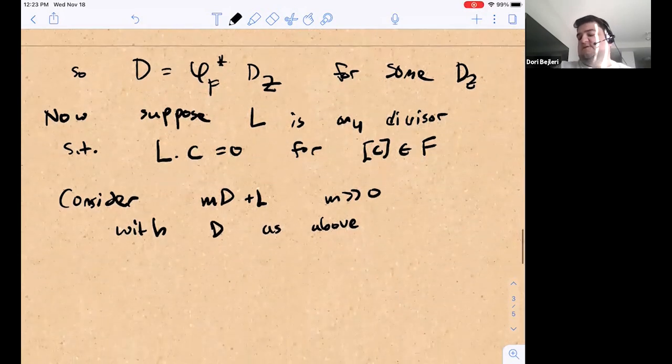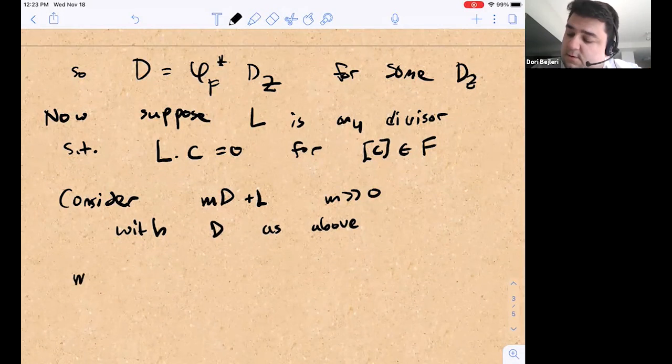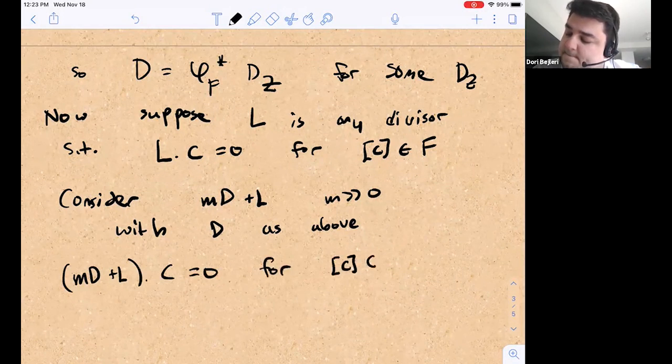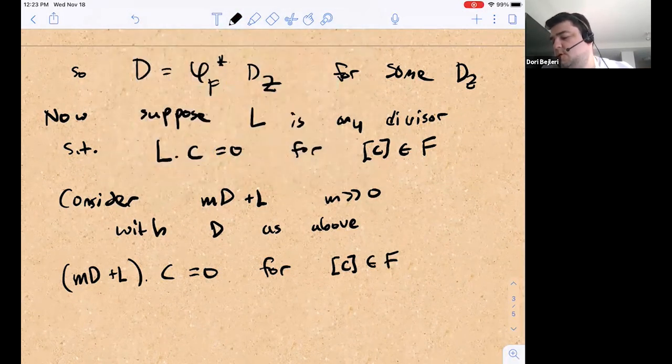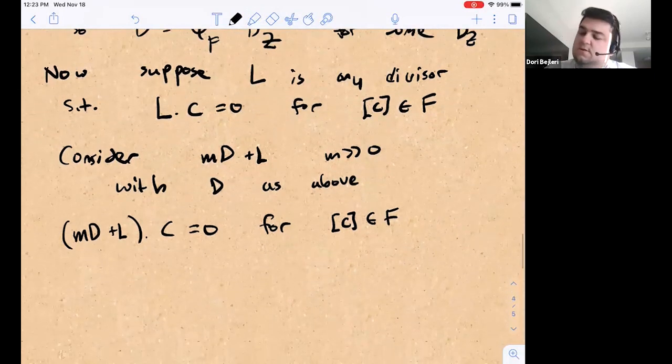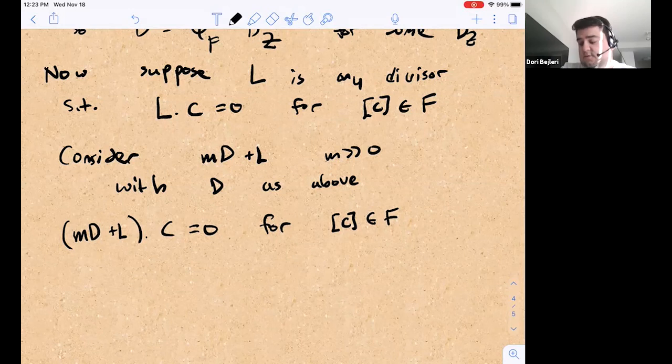Then if we consider this MD plus L, we know that MD plus L is 0 on our face because both D and L are. And we also know that L dot things away from our face could be anything.